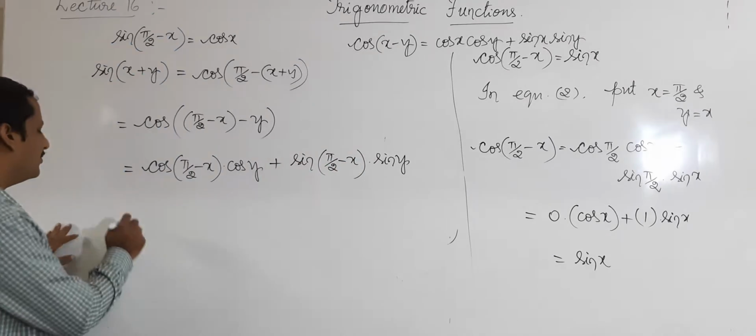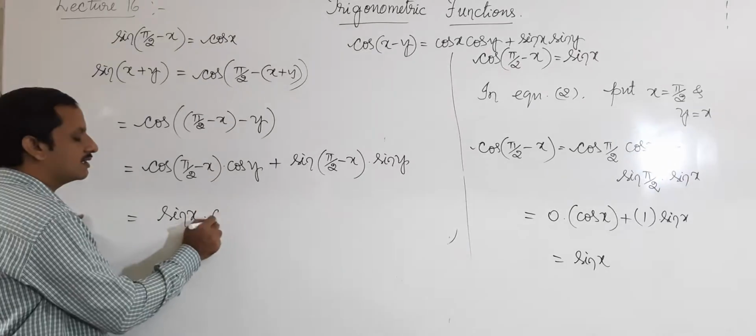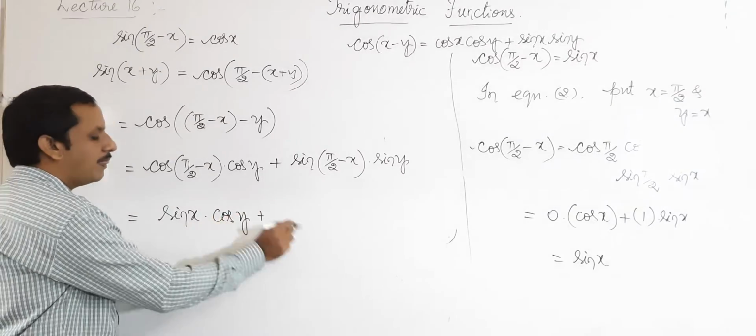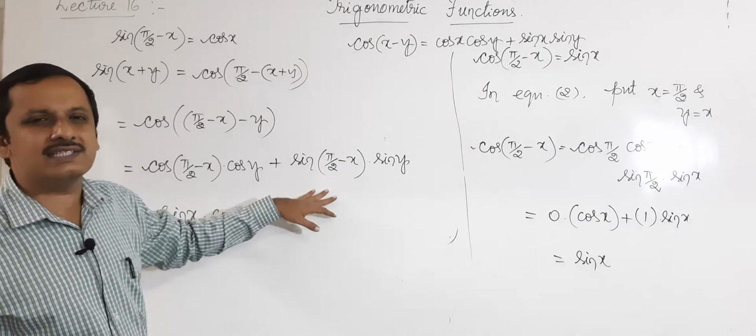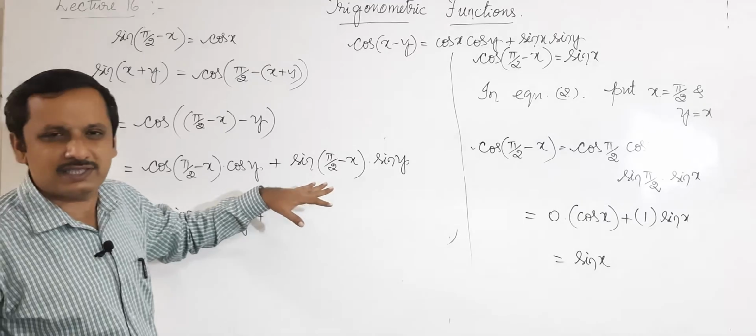Okay. Then what is cos pi by 2 minus x? Cos pi by 2 minus x is nothing but sin x. This is as good as cos 90 minus theta is equal to sin theta. We are already aware of all those things. So cos pi by 2 minus x I will write as sin x into cos y. What about sin pi by 2 minus x? Sin 90 minus theta is equal to cos theta.